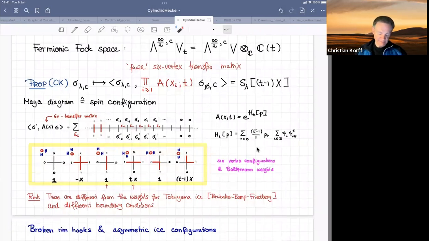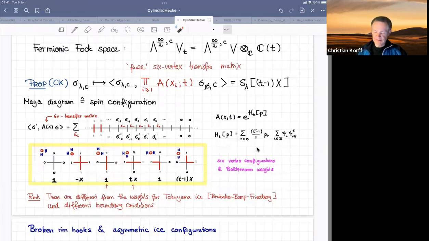And of course, we also use slightly different boundary conditions than in this work, because I'm on this infinite lattice and we have fixed the vertices on these two sides to be very special vertices, namely these empty vertices and these straight lines.